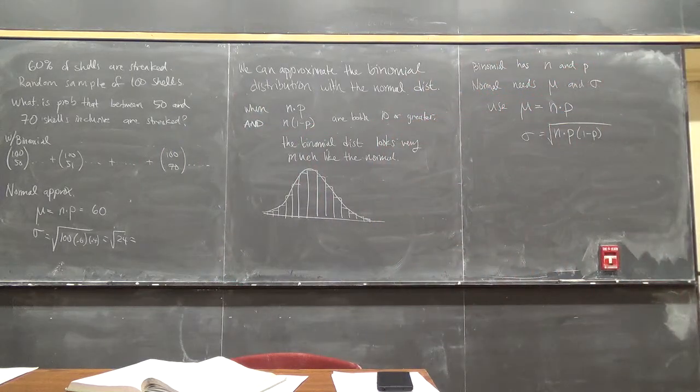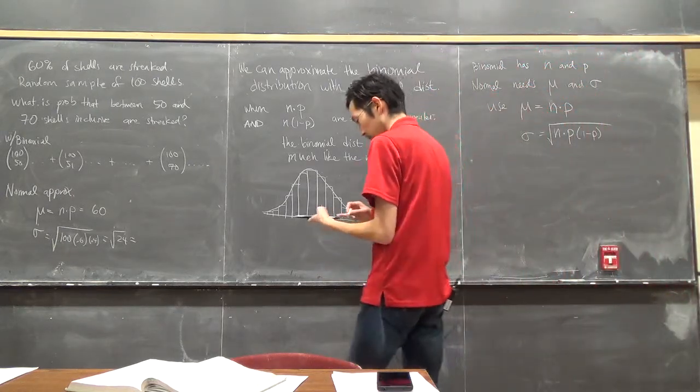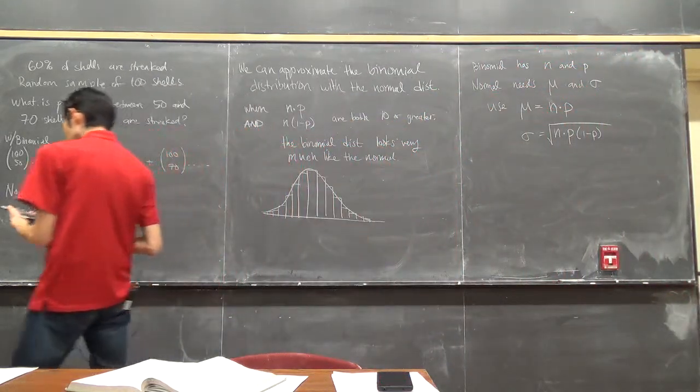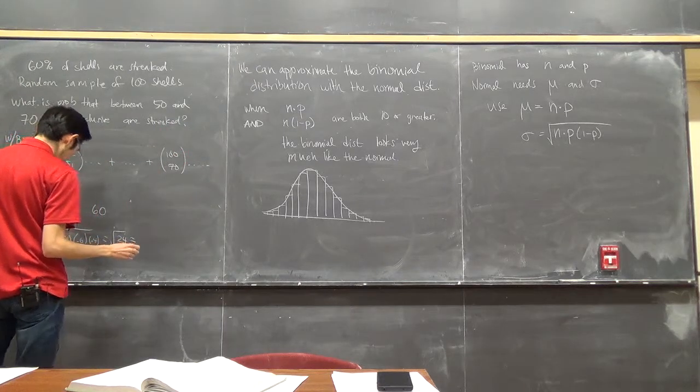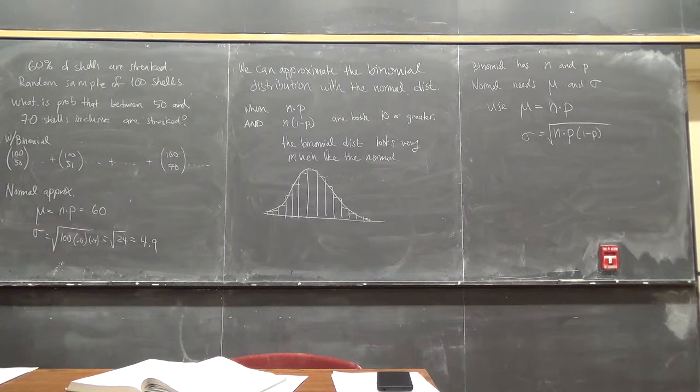What is it? 4.87? 4.899, so 4.9. That's good enough for me.